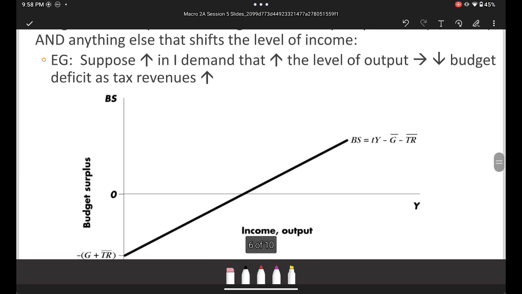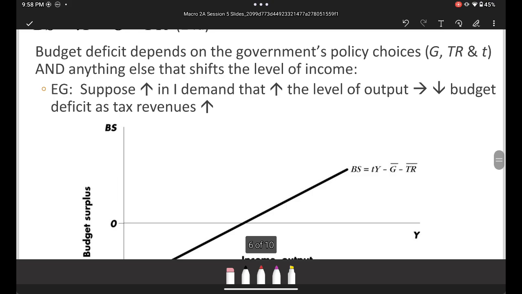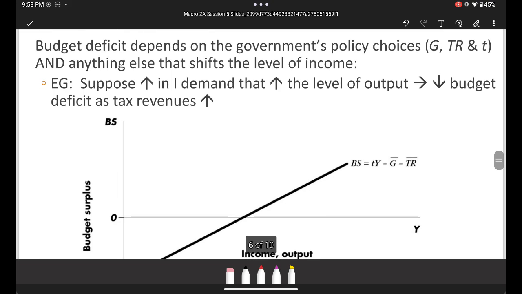You got that. Okay, what it says here. Suppose an increase in demand at level of output increases budget surplus as tax revenue goes up. So what they're trying to say over here is this. Budget deficit depends on the government's policy choices, which makes sense.